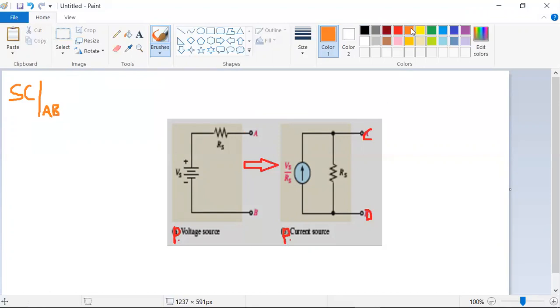Take a thick copper wire and add it here. Now my job is to find the current flowing through the short circuit path.